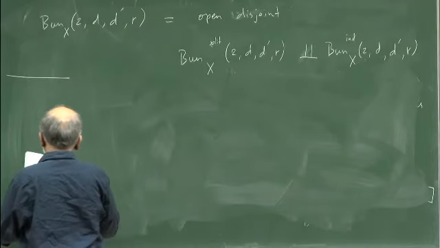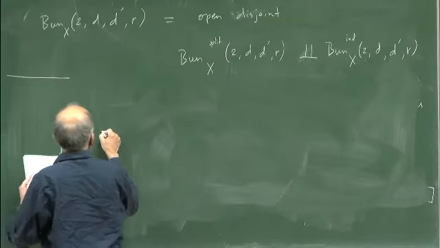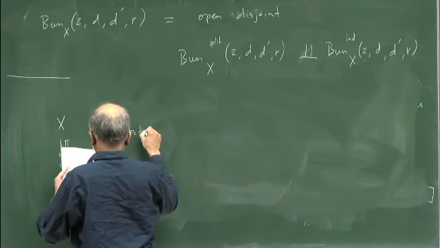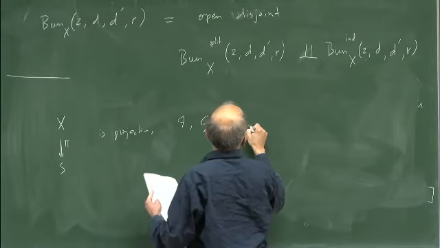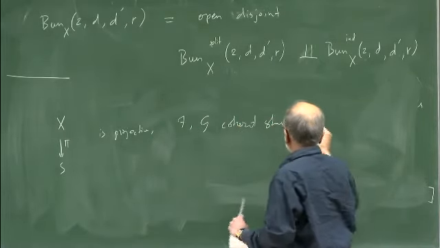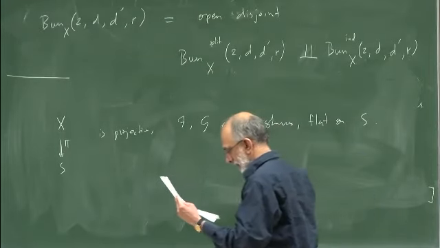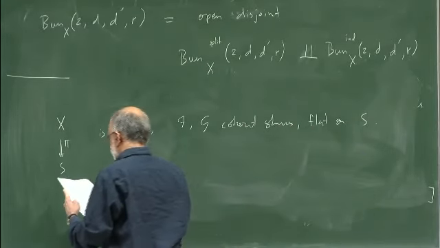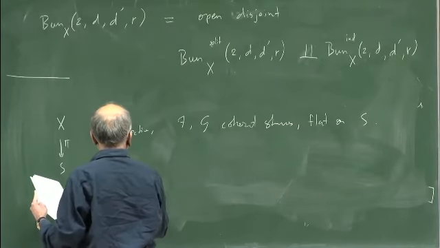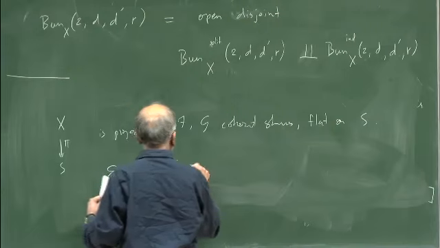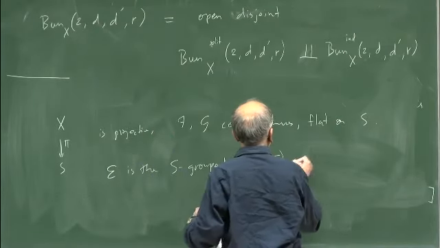So the setup for Lange's theorem is as follows: X to S is projective, and there are two coherent sheaves F, G, flat on S. And then consider the stack E, the S-groupoid with E(T) objects.